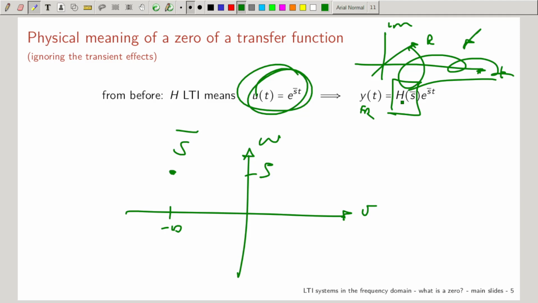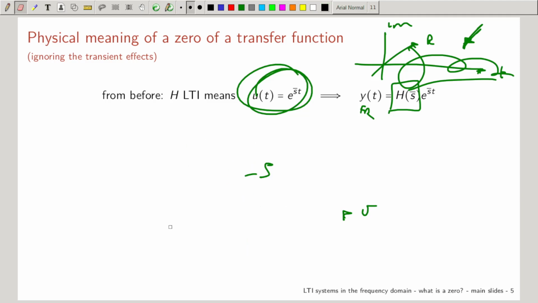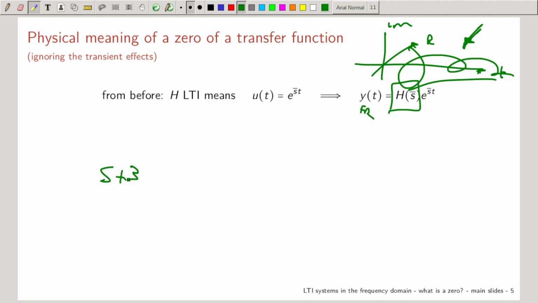The amplification factor, how is it? Let's make the same example as before. And now you're going to see, and you will say, it had to be like that. Let's take H of s as (s plus 3) divided by (s plus 2)(s plus 4).